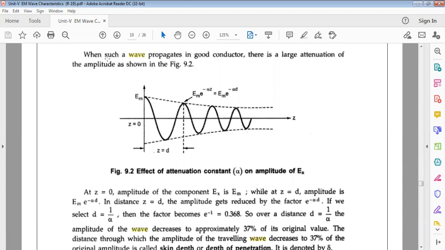Then when such a wave propagates in a good conductor, there is a large attenuation of amplitude as shown in the figure.